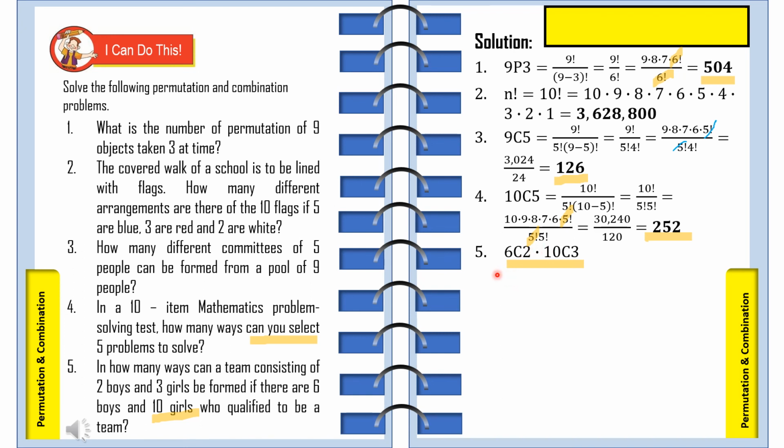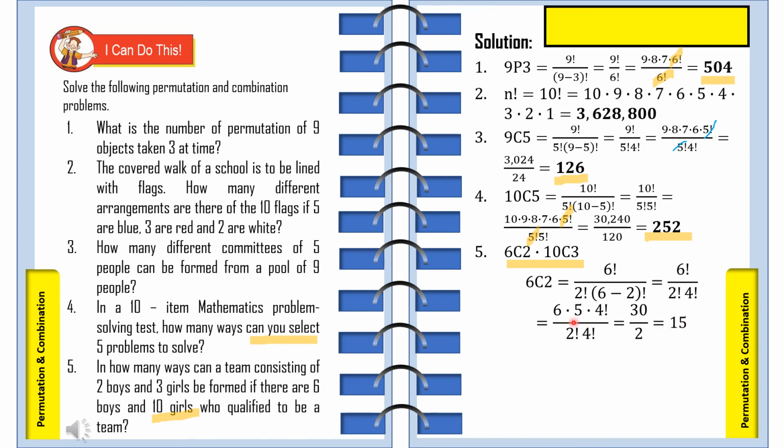Okay, so it's going to start with the 6C2. So, same procedure na ginawa natin sa number 4 at saka sa number 3 na parehas under combination. So, you have now 6 factorial all over the 2 factorial, that's your r. And then you have n minus r, so you have 6 minus 2 factorial. So, you have 6 factorial all over 2 factorial and 4 factorial.